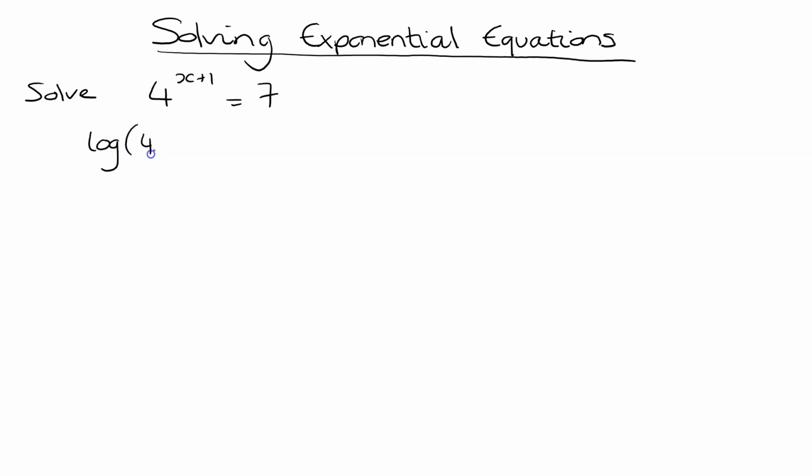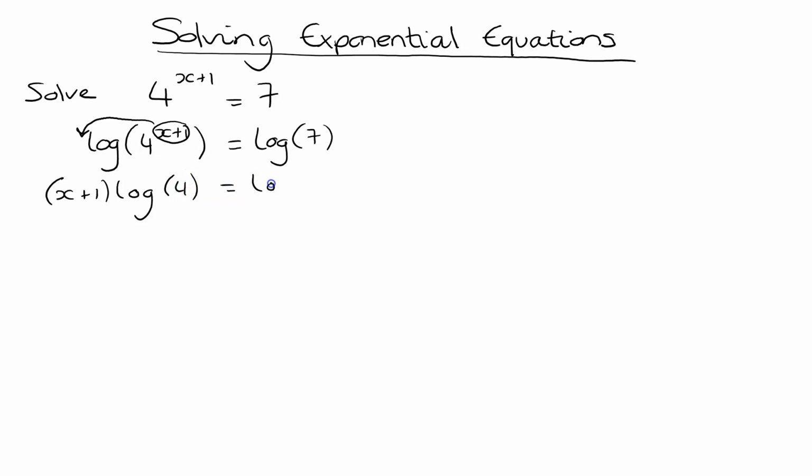Remember, when you're working in base 10, you don't need to put the base on the log, you can just leave it as the word log. That then drops that to the front, like so.